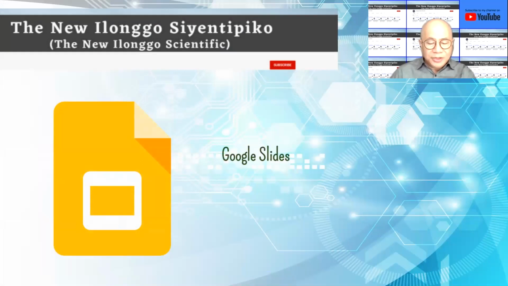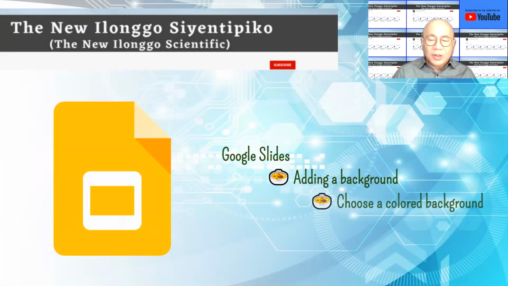There are a few interesting features that you can maximize as you utilize Google Slides. And we're going to focus more on some of these this morning. One of the good things that you can do with Google Slides is to add an appropriate image as your background.